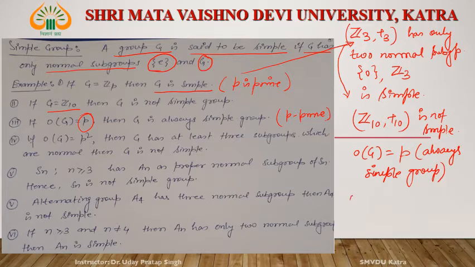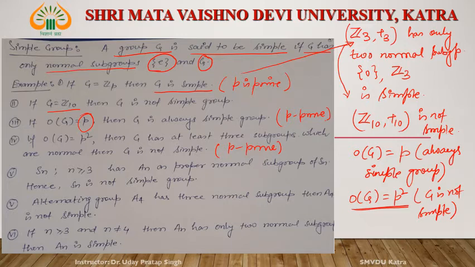Next, if the order of G is p squared, where p is any prime number, then G is not simple. Later on, we will see that any group of order p squared has a normal subgroup of order p.